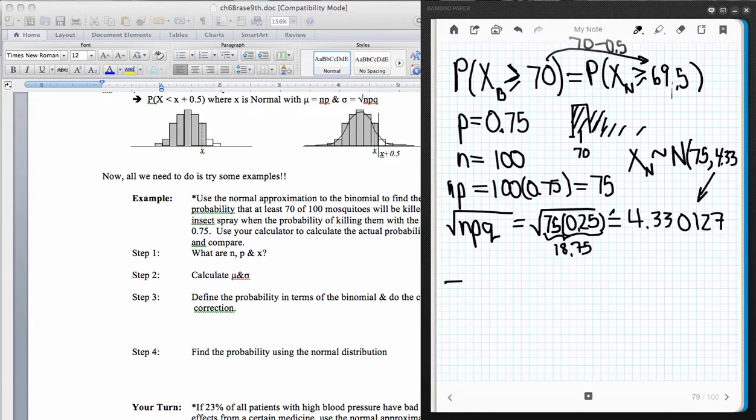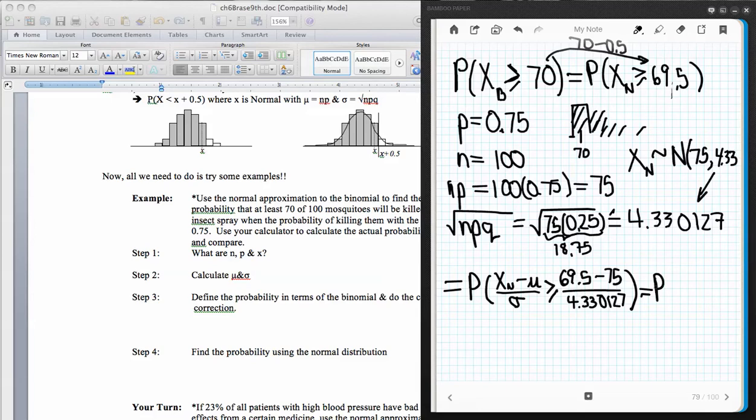Okay, so now I'm going to standardize this. So the probability that X sub n minus its mean divided by its standard deviation is going to be greater than or equal to 69.5 minus the mean, 75, divided by the standard deviation, 4.330127. And now I'm going to find out what my z is.